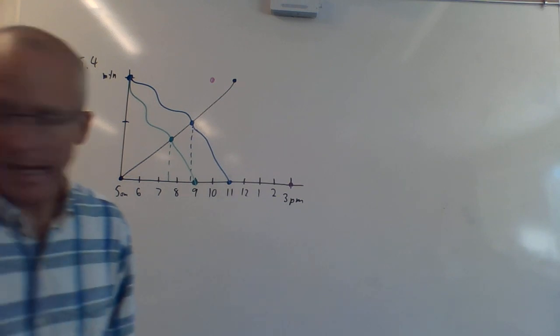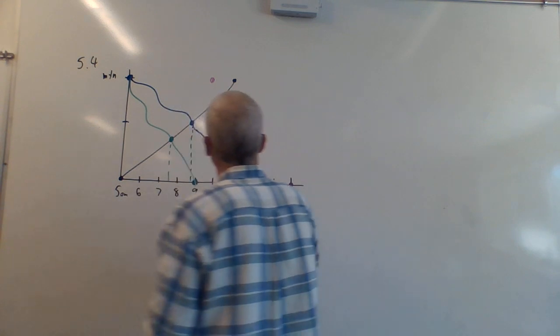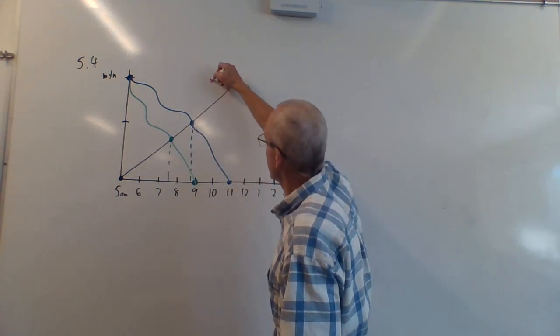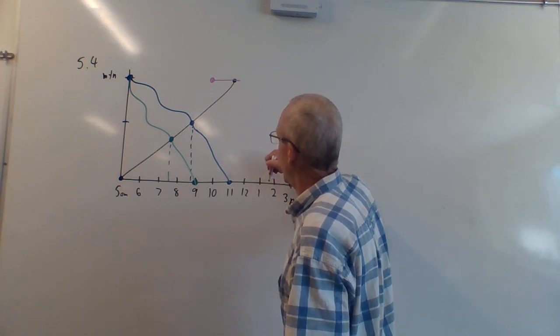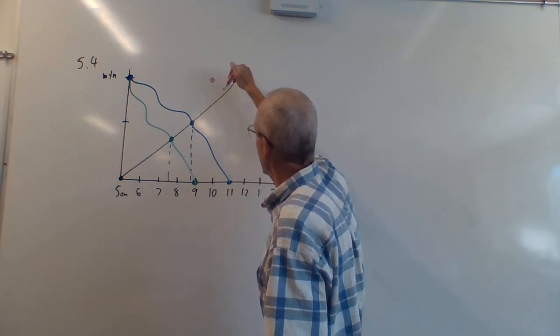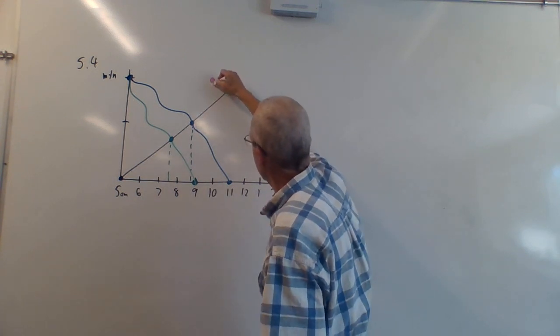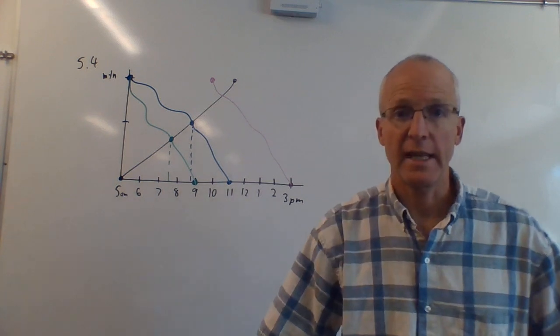So, starts here, starts there. So, is there any way, unless he stays in the same place and then heads down, which he said he doesn't. He starts walking, so he can't stay in the same place. So now I got to go to this 3 line, and again, no matter how I get there, I have to cross that black line. You just have to cross the black line.